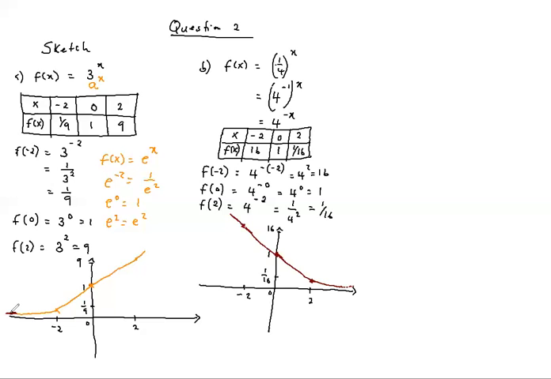And then C, f of x is equal to 2 to the x minus 1. Now, again you can form a table.